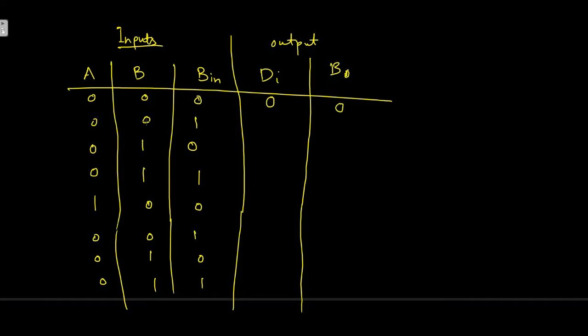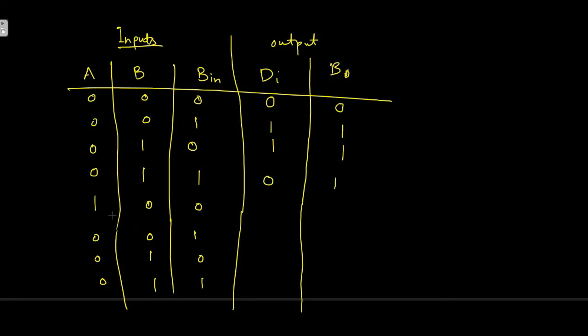Then 0 minus 0 minus 1, in this case we take a borrow and output is 1. 0 minus 1 minus 0, again output is 1, borrow is 1. 0 minus 1 minus 1, difference is 1, borrow is 1.